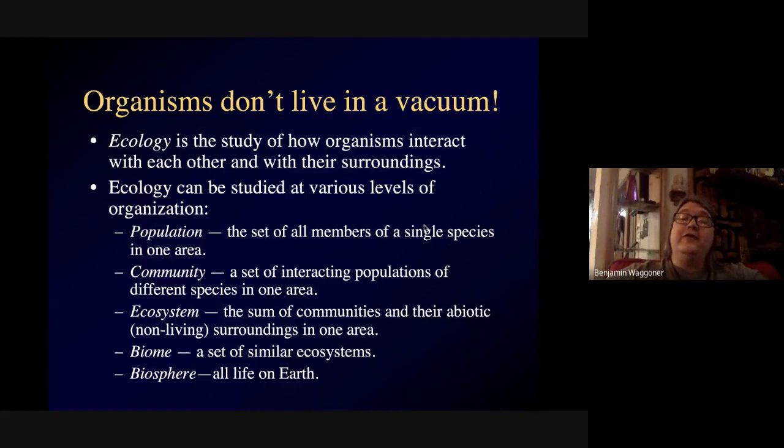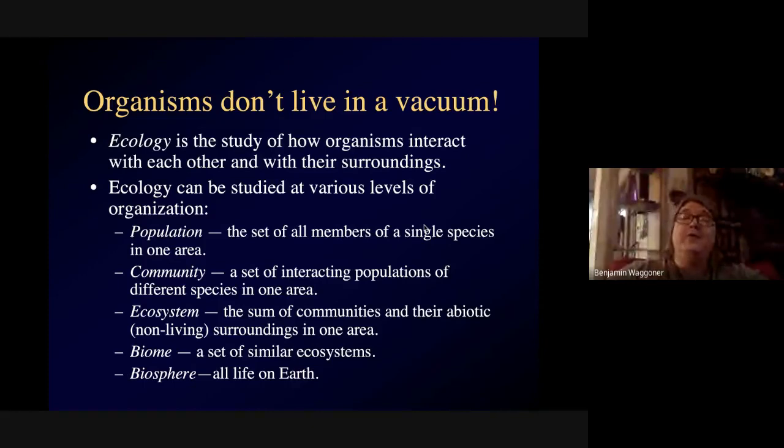If you look at a set of interacting populations in one area, we'd call that a community. So we could talk about the plant community of the nature reserve, or the mammal community of eastern Arkansas, or the, I don't know, seaweed community of the Sea of Japan. Whatever it might be. When you start looking at communities together with non-living factors, we can talk about an ecosystem.